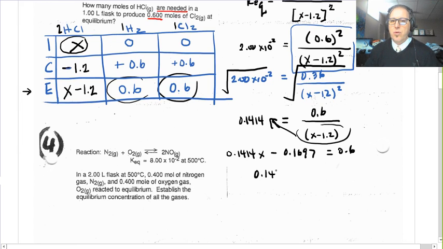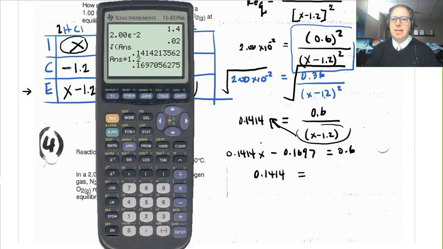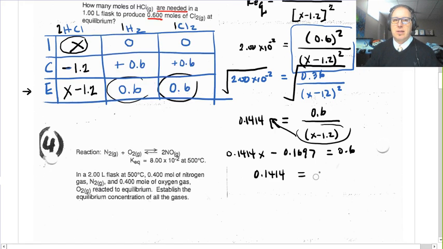This is 0.1414x equals, and now I guess we're going to do 0.6 plus this number. So this 0.6 plus 0.1697 is 0.7697. And then, oops, I forgot the x there.